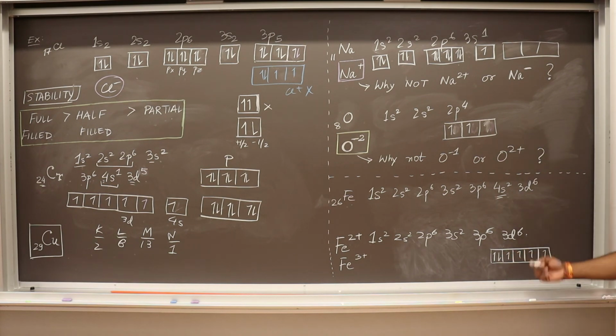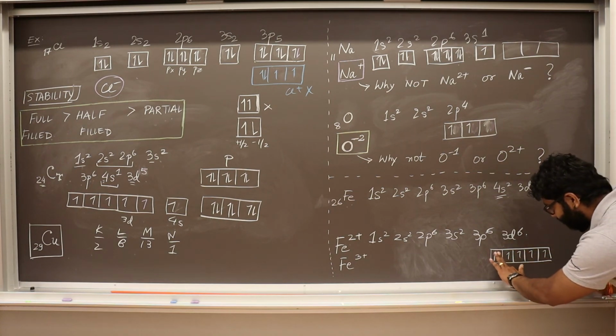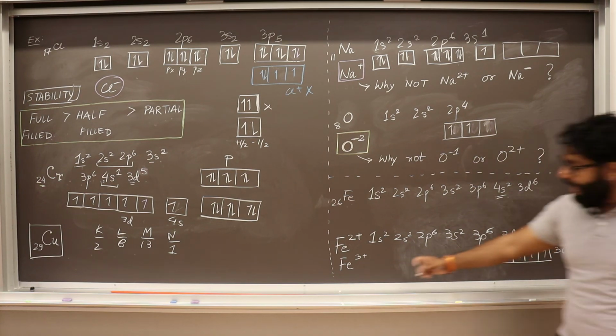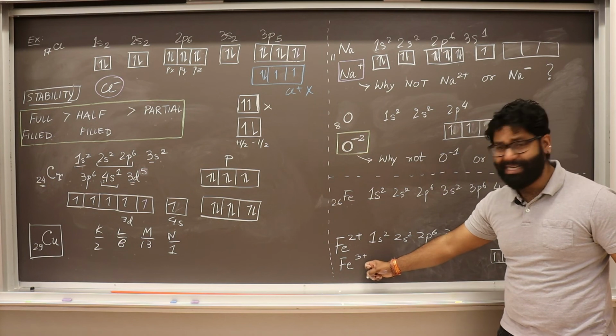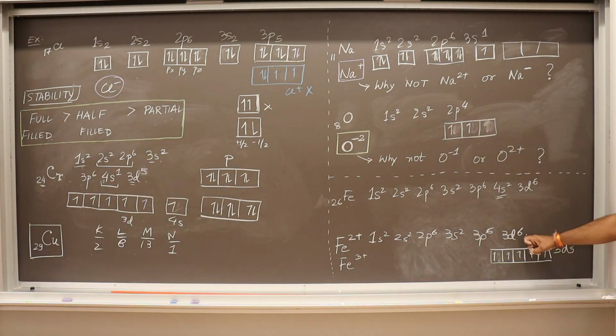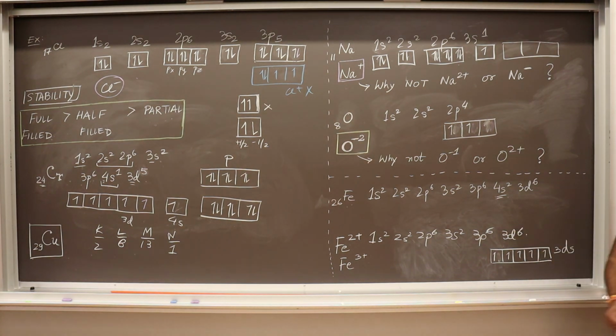Filling it completely would be a gigantic task, right? But removing 1 is easy. So you just remove this. So this becomes a 3d5 and this whole thing becomes stable. Therefore, Fe3+ is more stable than Fe2+. Why? Because the d orbital in Fe3+ is half filled, which makes it more stable than Fe2+.